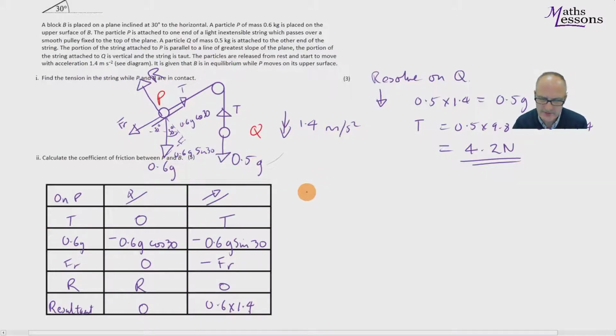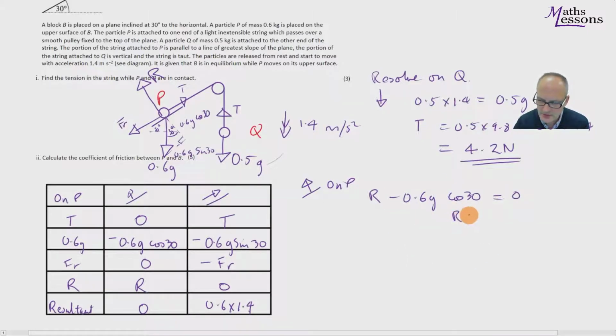Now we can write out both of these systems as an equation. So if we just look at perpendicular on P, so that's this column here, I'm going to put the R first because it's positive: R minus 0.6 G cos 30 will equal the resultant. Everything else is 0.